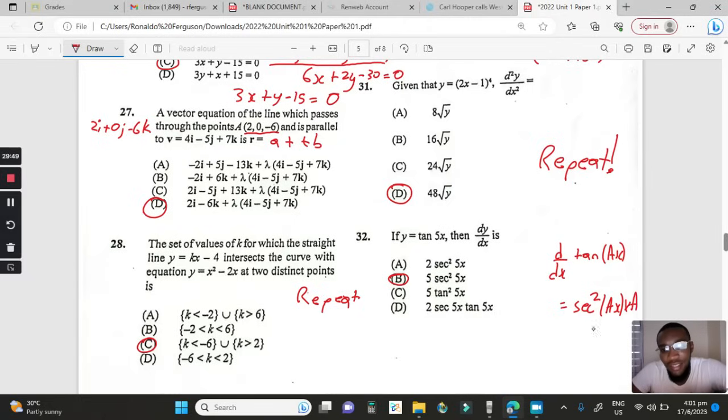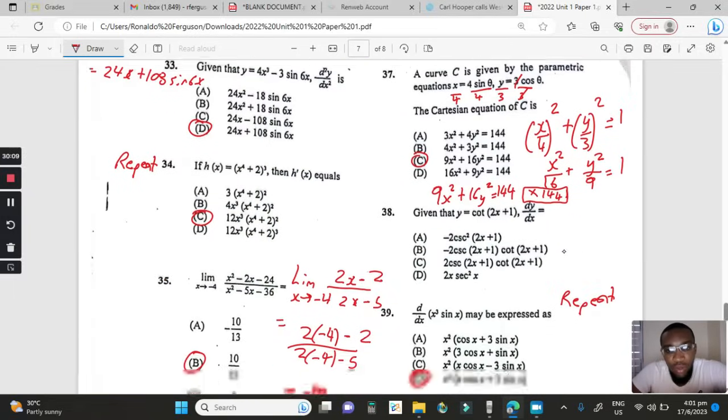Now when you differentiate cot ax, you get the co-function of sec, which is cosec. So it's cosec squared ax times a.